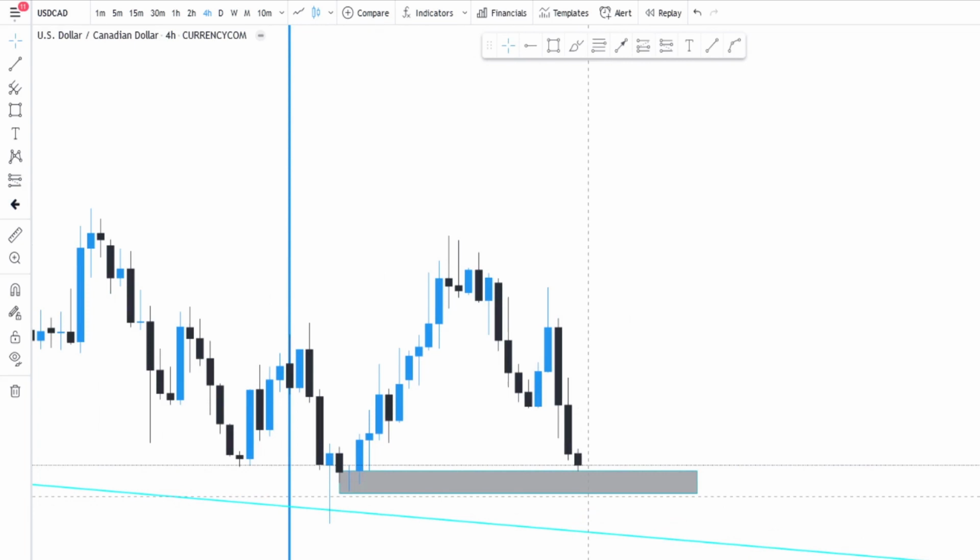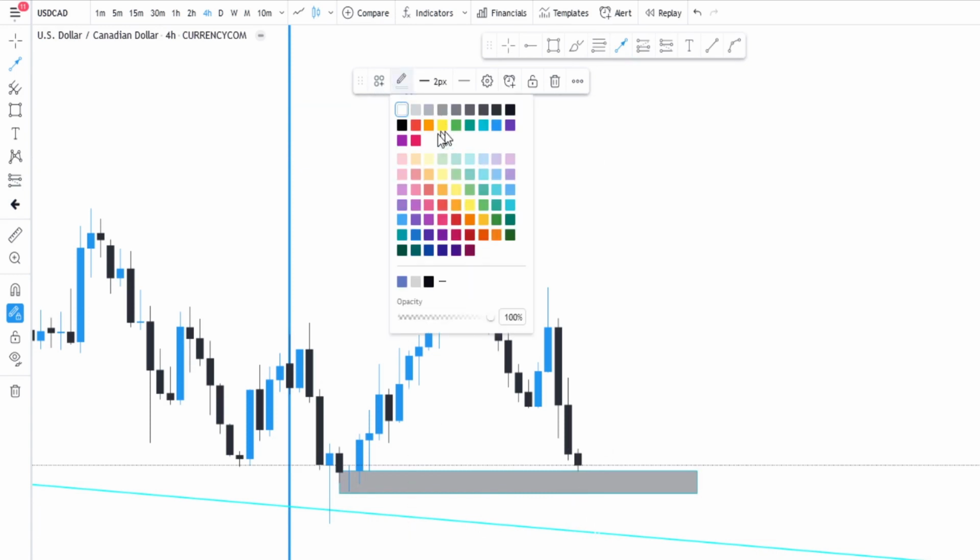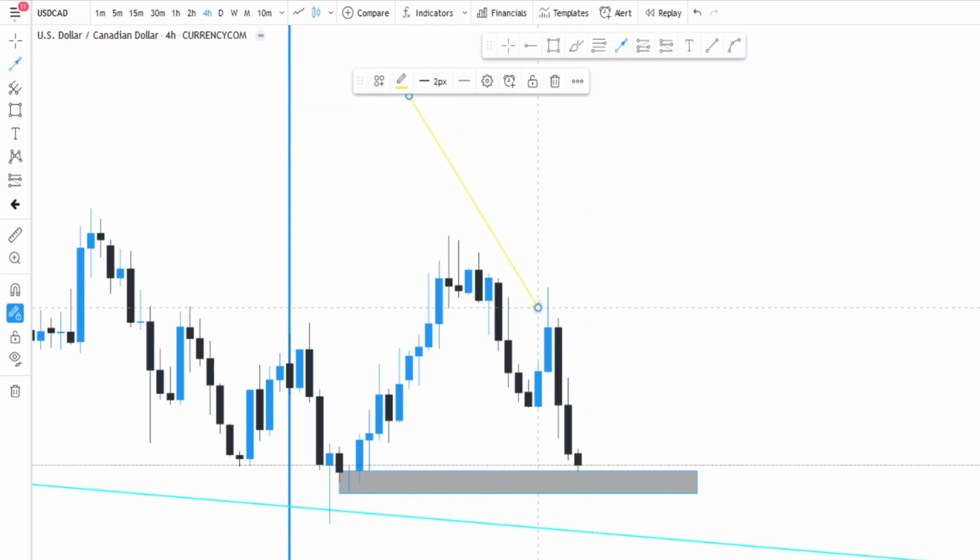So here we can wait, let me enable extra mode. Sorry, change the color. Right here, and then fall like this.